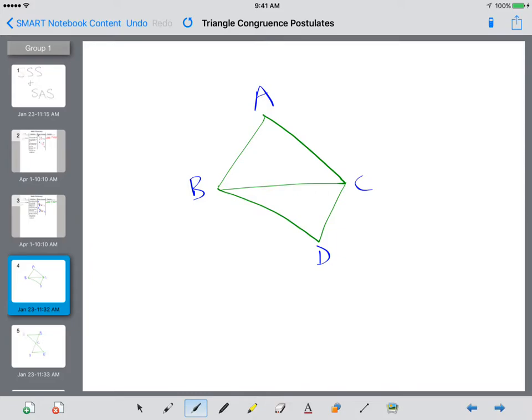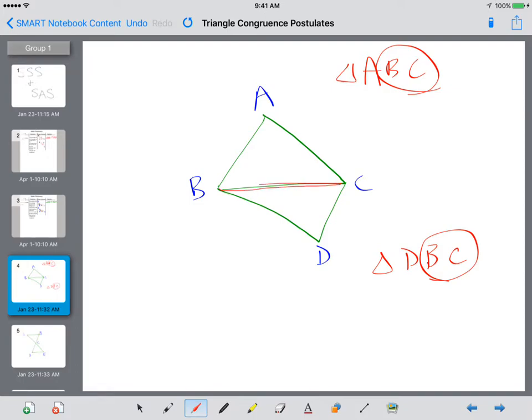Now, one piece of information is whenever you see a diagram like this, you see that we have two separate triangles. There's triangle ABC, and there's triangle DBC, where two points that they both share are BC, meaning that when you see a diagram like this, they share this common side in both triangles.